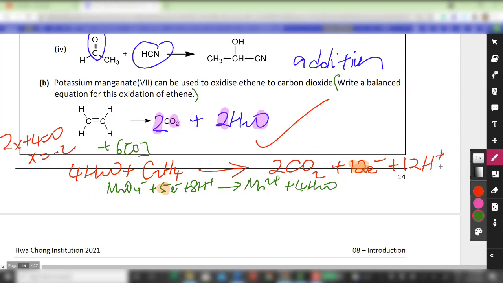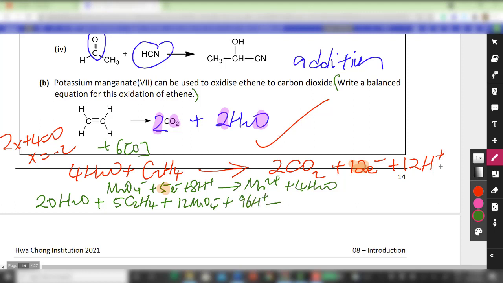So if you do a cross multiplication, you multiply this by 5, so I'm going to get 20 H2O plus 5 C2H4, plus 12 MnO4- plus, so the electrons will cancel, 12 times 8 is 96 H+.